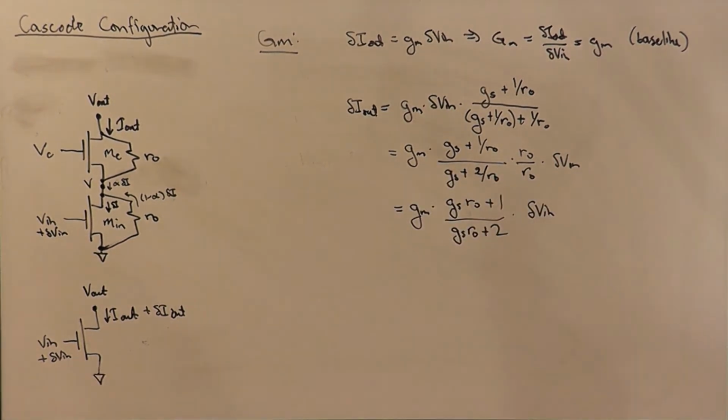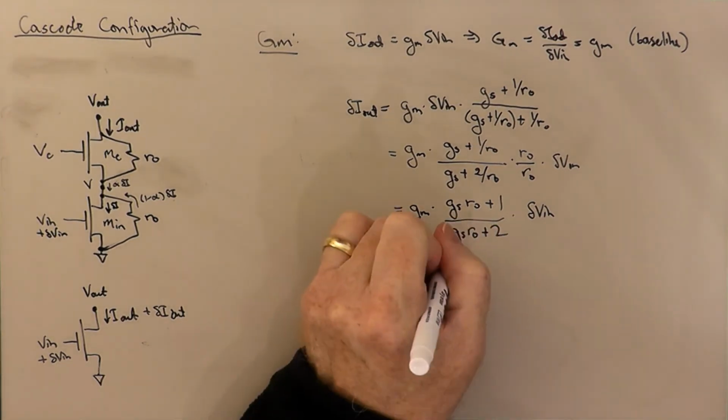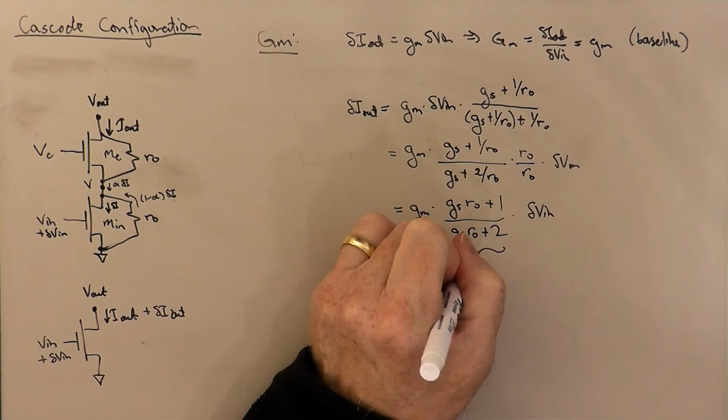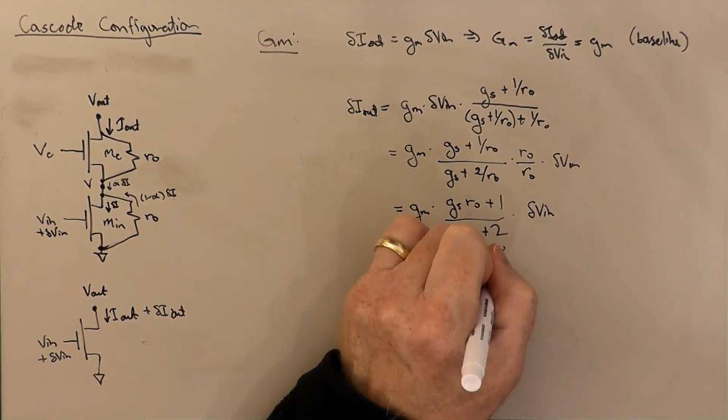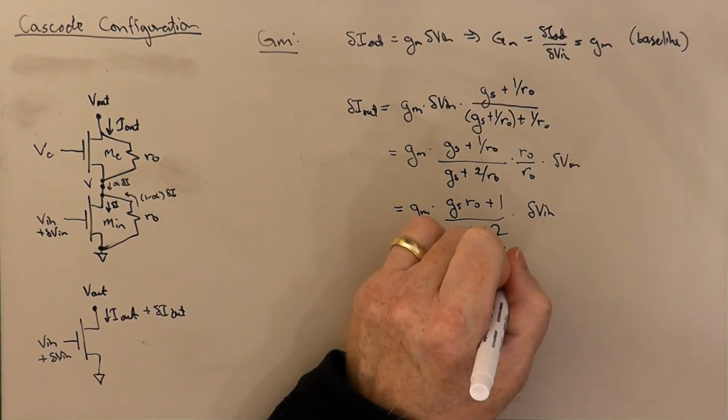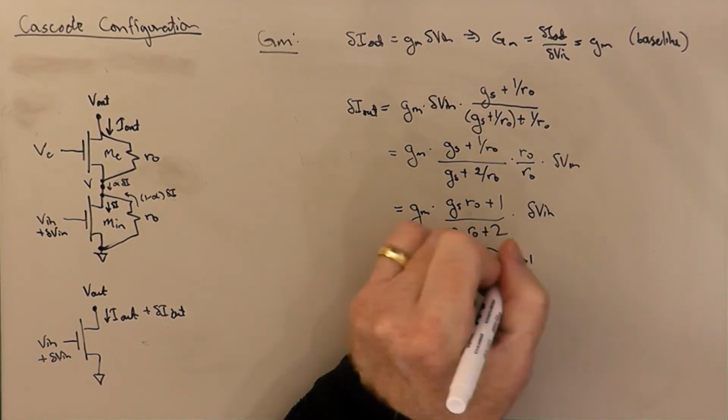Well, gsRO is much bigger than 1, so (gsRO plus 1) over (gsRO plus 2) is going to be approximately 1.